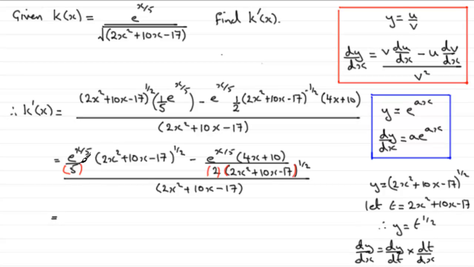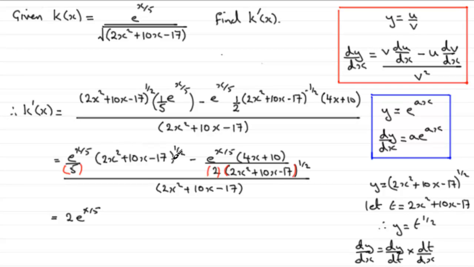Well, if I multiply first of all by 10, can you see that 5 would go into 10 twice? So I would get 2 lots of e to the power x over 5. Remember, I'm also multiplying by 2x squared plus 10x minus 17 to the power half.